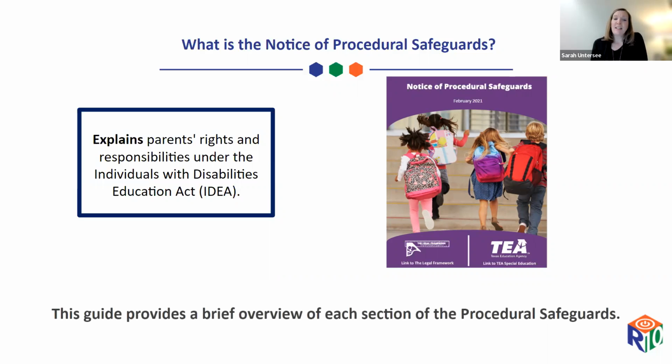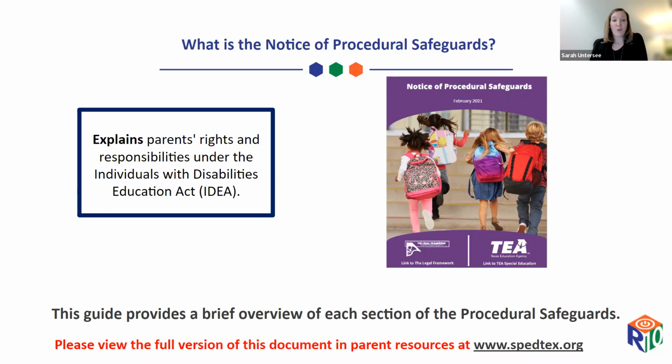The presentation will provide a brief overview of each section, and we encourage all parents to read the full version of the document, which is available under Parent Resources on www.spedtext.org, which has all kinds of fantastic resources for parents in addition to those procedural safeguards.